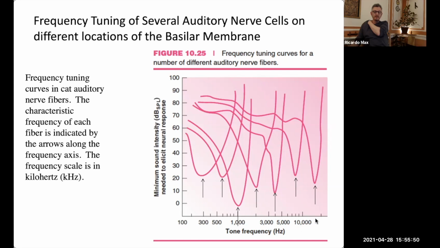High frequencies in the basilar membrane. Where in the basilar membrane is the highest amplitude reached for high frequency sounds?